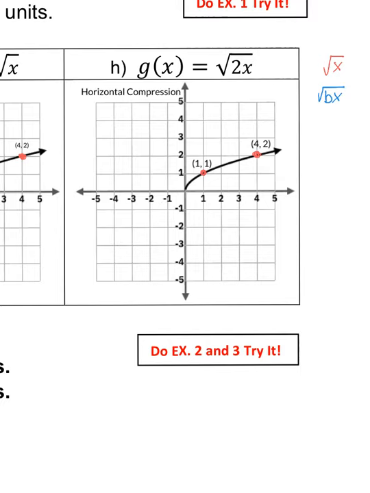So when we multiplied the whole function by a value, we called that a, and when we multiplied just the x variable by something, we call that b. When we multiply just the x variable by a value, that is known as horizontal compression. So what we're going to see in this example is an example of either horizontal stretch or horizontal compression.